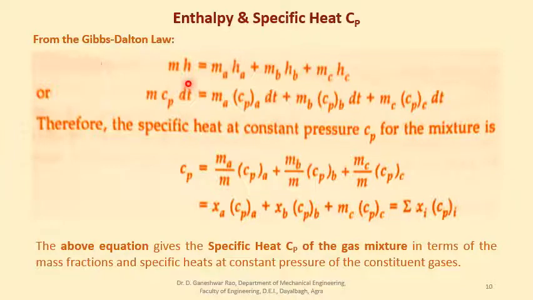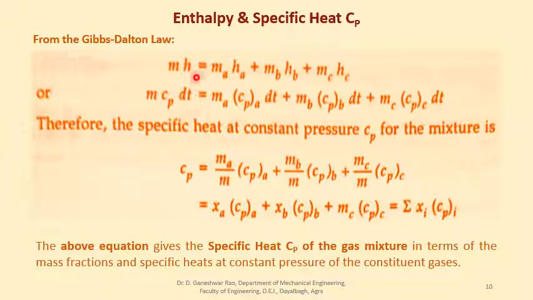If lowercase h is the specific enthalpy of the mixture and hA, hB and hC are corresponding specific enthalpies for component A, B and C, then from this Gibbs-Dalton's law, you can write that Mh is equal to MAhA plus MBhB plus MChC. Now replace Mh by M Cp delta T.